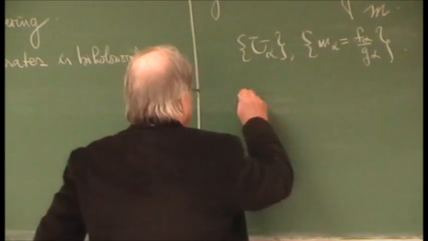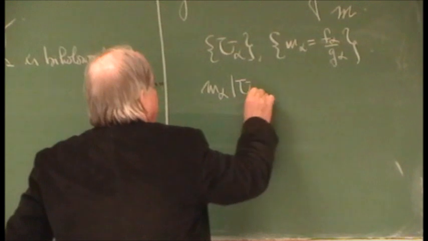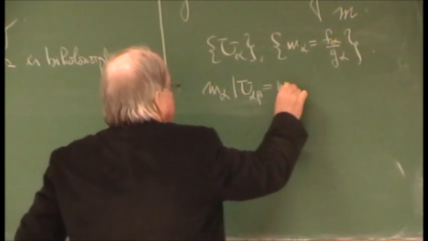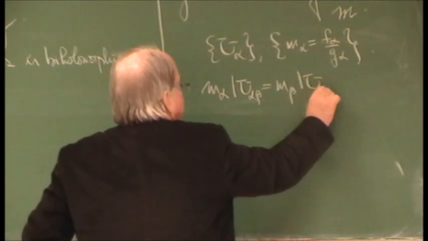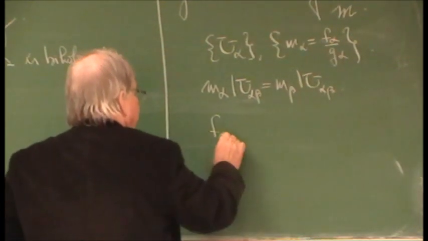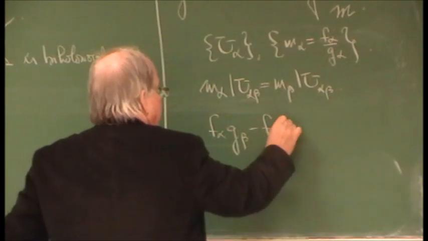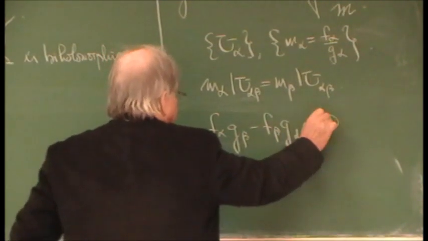And you have some compatibility condition. So if you restrict m alpha to U alpha beta, you want that to be the same thing as restricting m beta to U alpha beta. And of course you have to write this in terms of these functions. That means f alpha g beta minus f beta g alpha is equal to 0.